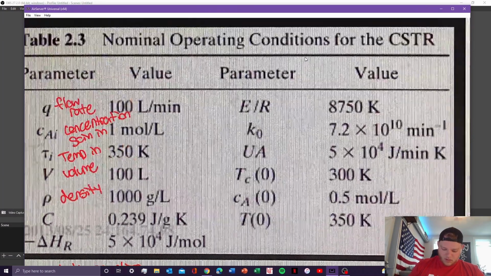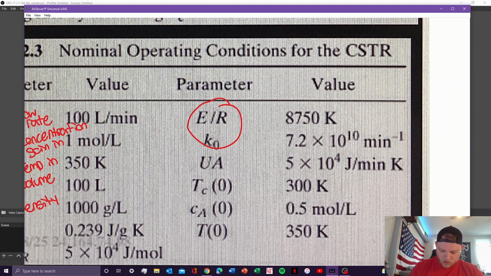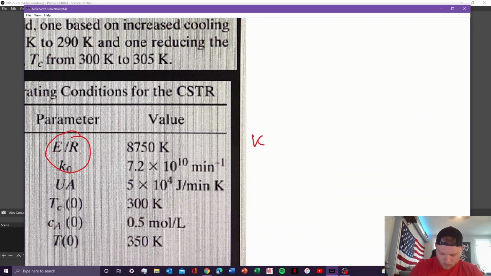Up here, these two variables, E over R and k naught, if we do a little equation, we can figure out the reaction rate, which is equal to E over R over temperature.